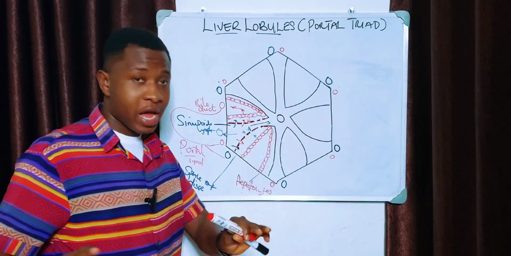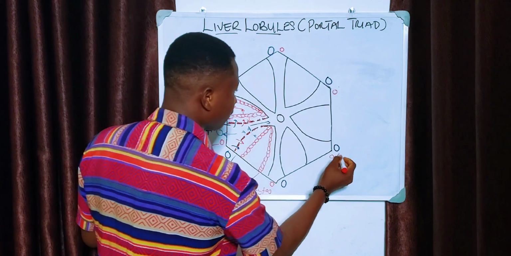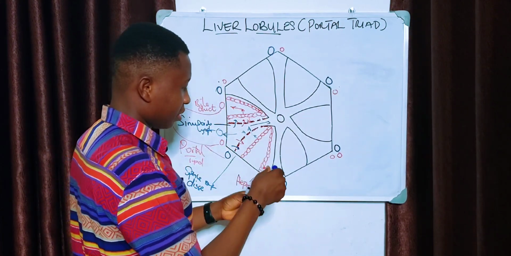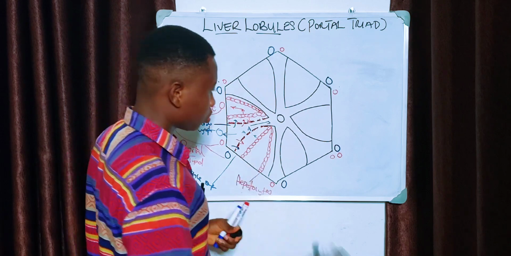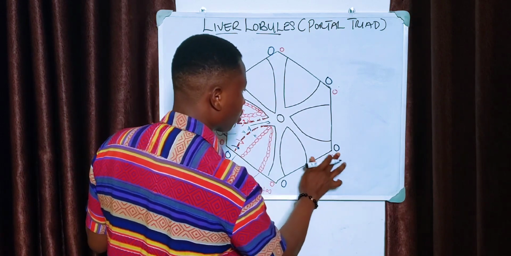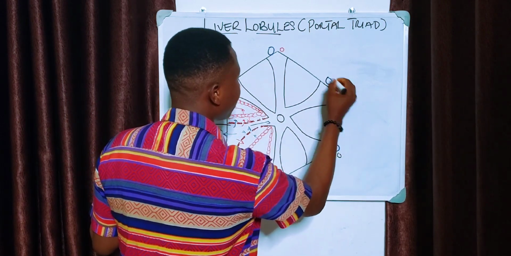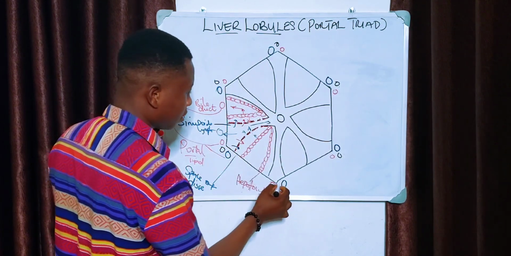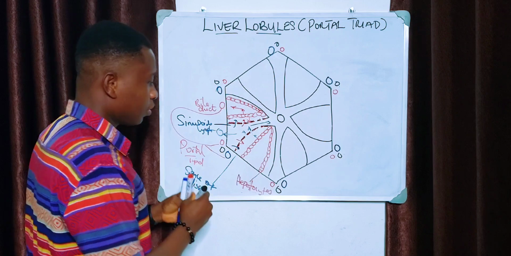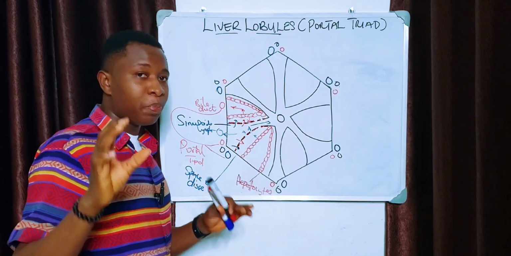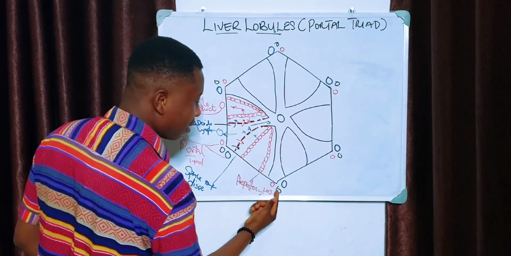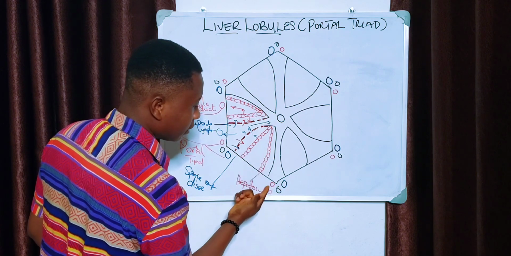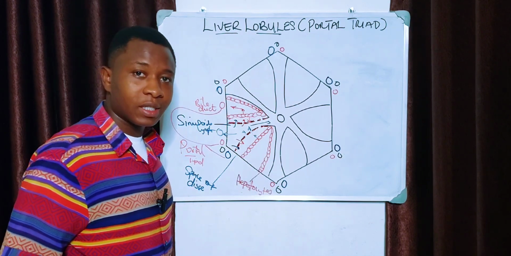That is why they are called a triad. Okay, so you have the bile duct here. Let me do it with another color. We have the bile duct here, and the others. So this is what we call the portal triad. The bile duct, the hepatic portal vein, and the hepatic artery.